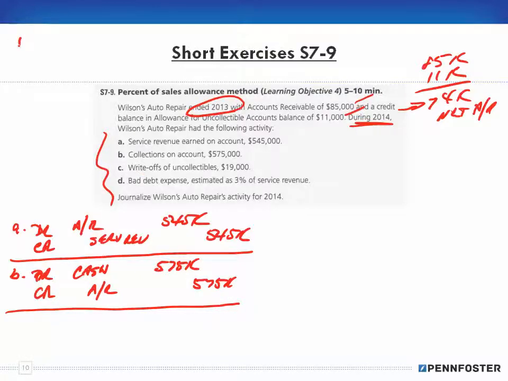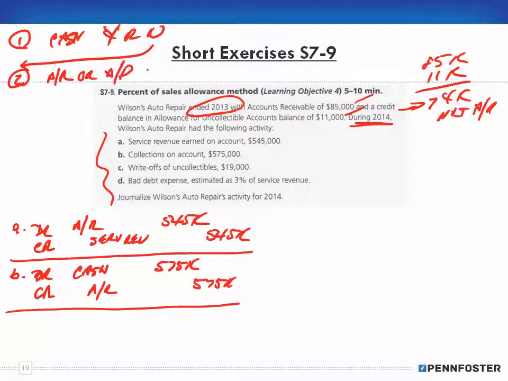See how I'm using the thought process. I'm asking, 1, am I affecting cash? Yes or no. If it's yes, then I'm making the entry to cash. If it's no, then I ask myself, question number 2, am I affecting accounts receivable or accounts payable? Yes or no? And if it's yes, well then I obviously use the accounts receivable or accounts payable.